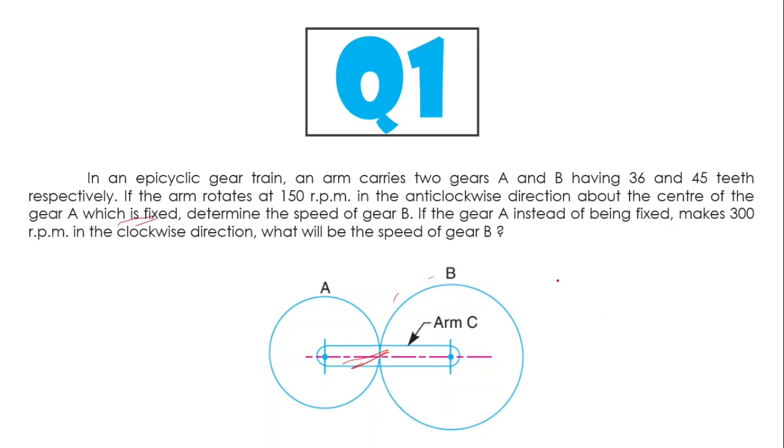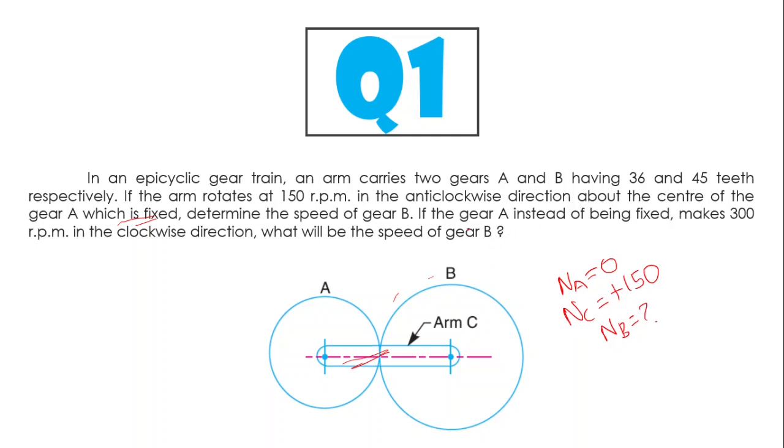Gear A is fixed. That means NA is equal to 0 and NC, the speed of the arm, is equal to 150 rpm in the anti-clockwise direction. That means plus 150. This is the given condition. Then we have to find out NB.